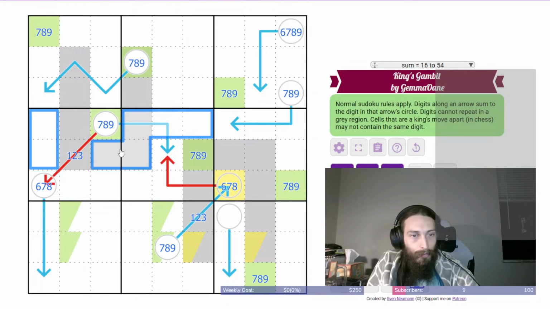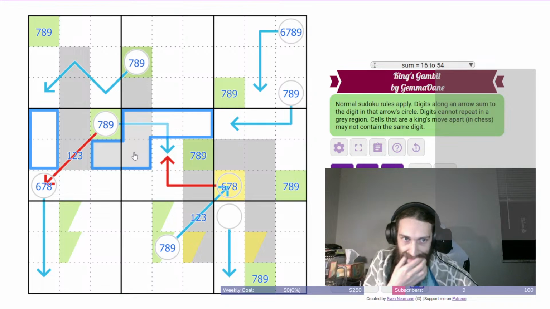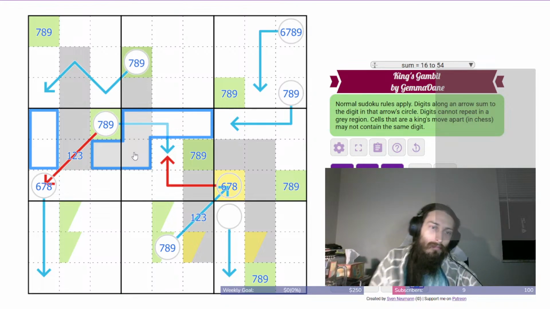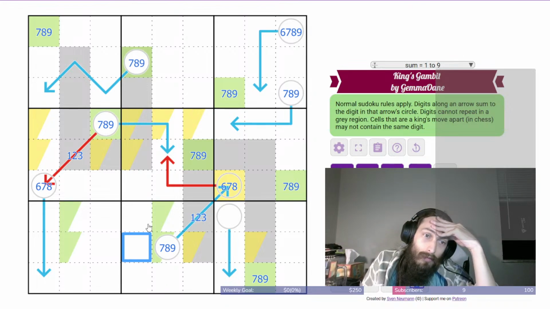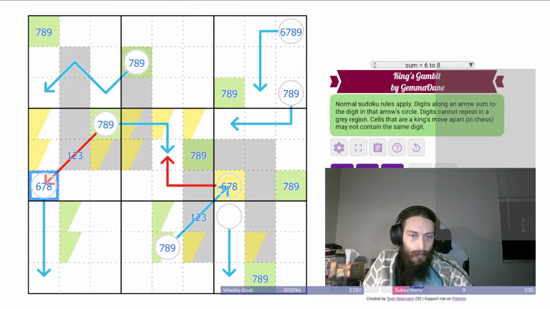We would actually see all three possibilities in row 5. Alright, well we know that this digit is not green or yellow.